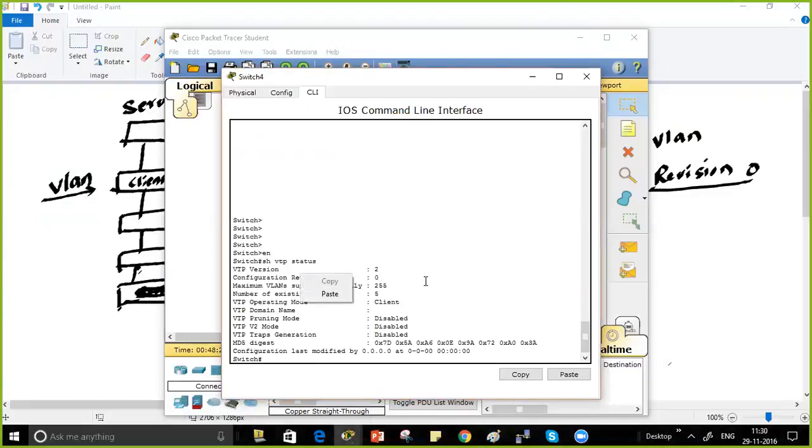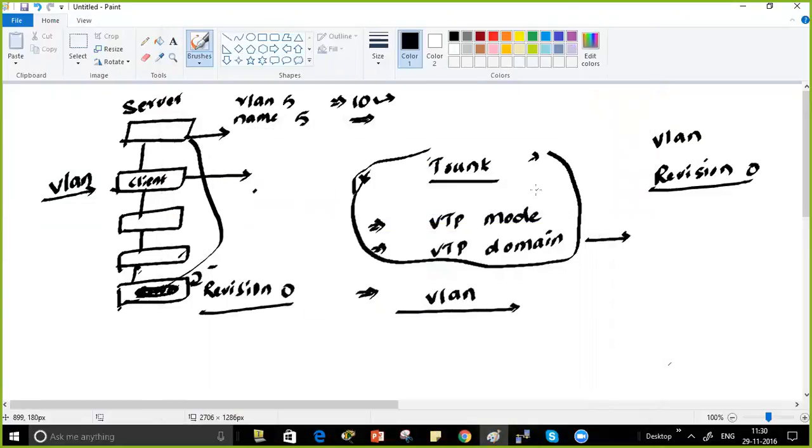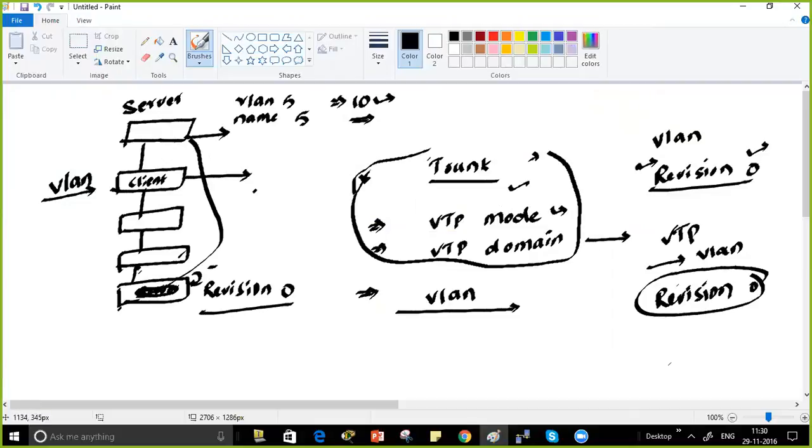Revision number 0, right? That will be maintained like this. If you configure VLANs first, and after that configure the trunk port and VTP mode, the revision number is still 0. Whenever you configure VTP first and after that configure a VLAN, then it will take the revision number. Only trunk ports will send these VTP frames.